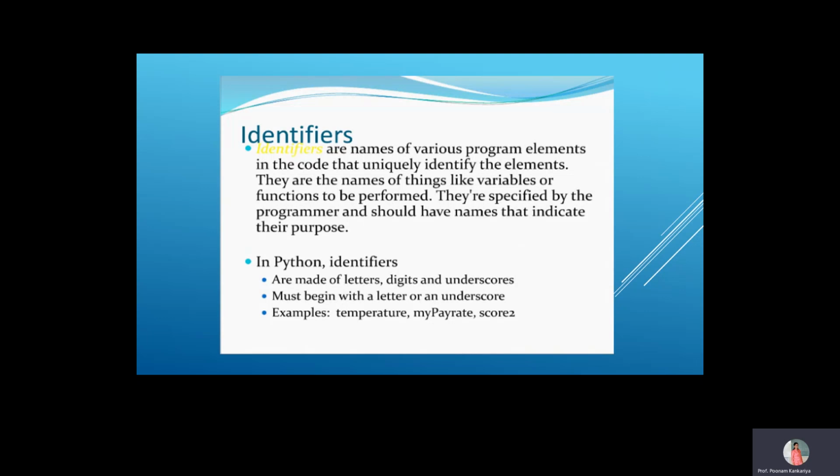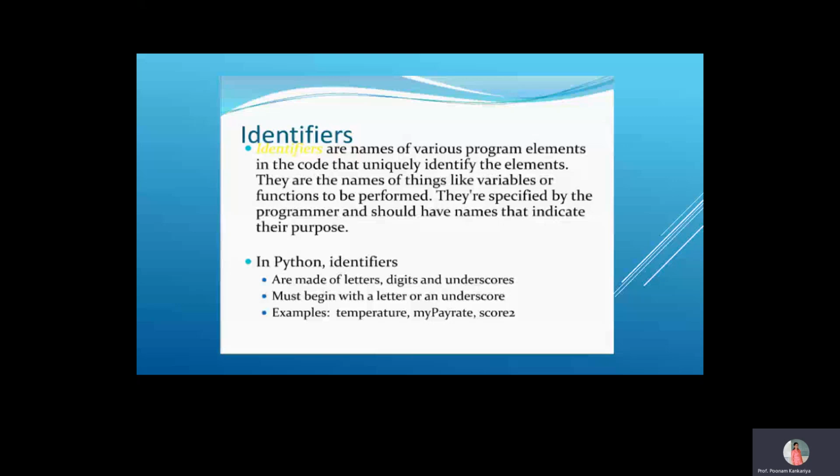Python does not allow punctuation characters such as dollar, at the rate and percent within identifiers. Manpower is one type of variable and lowercase manpower is another type of variable. Both are different identifiers in Python.